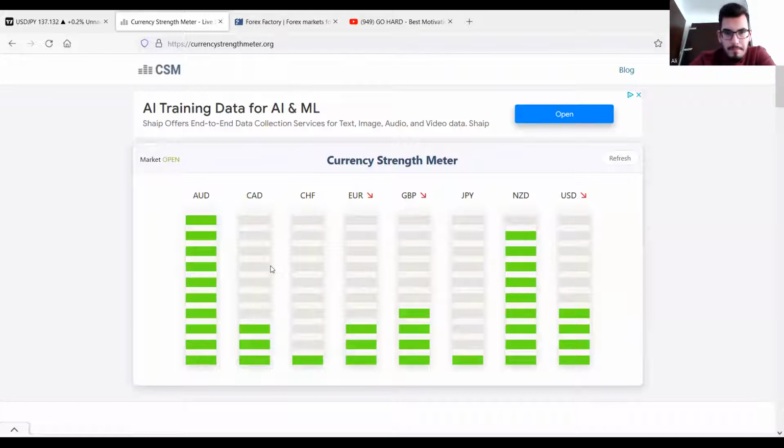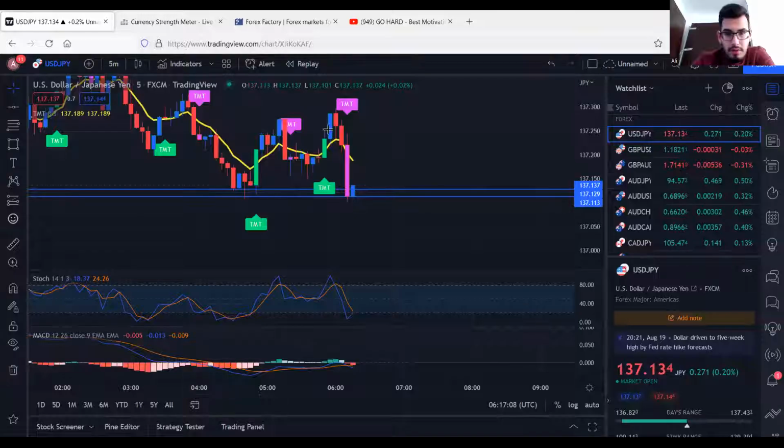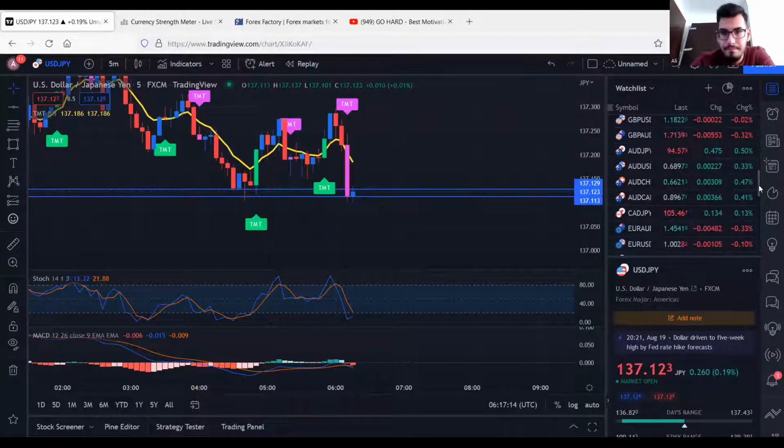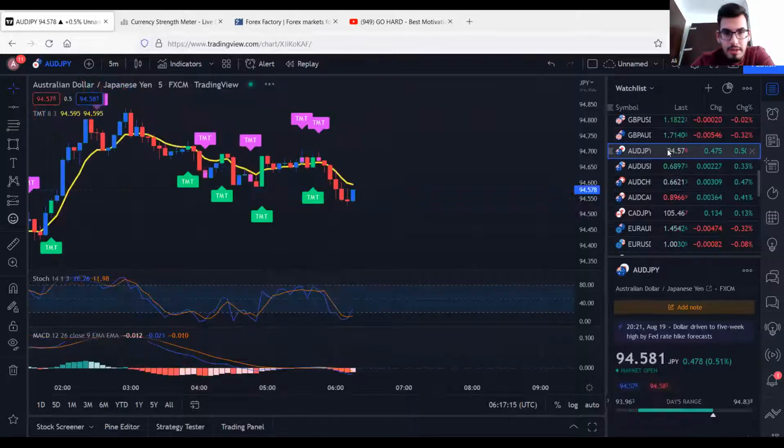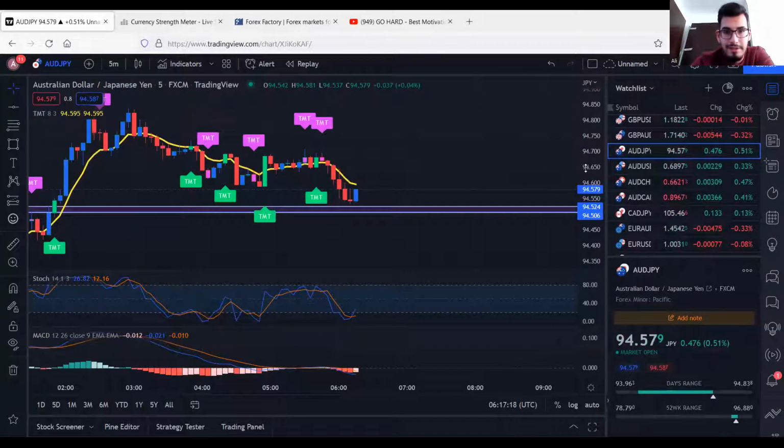Why don't we look at Euro JPY? I love looking at JPY pairs. Just love them. Let's check AUD and look at this.